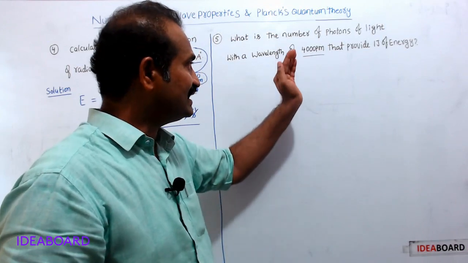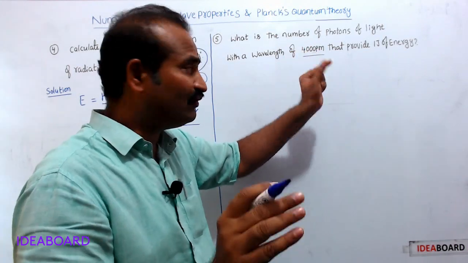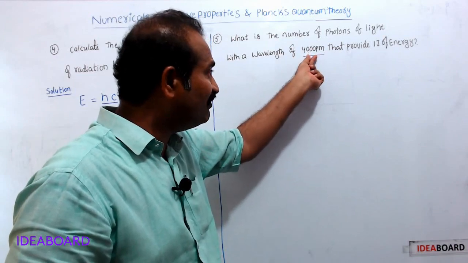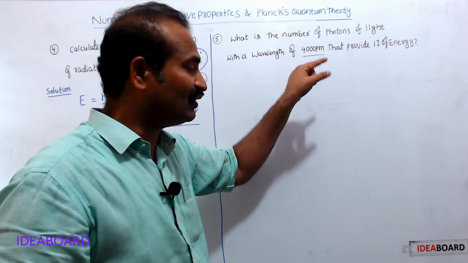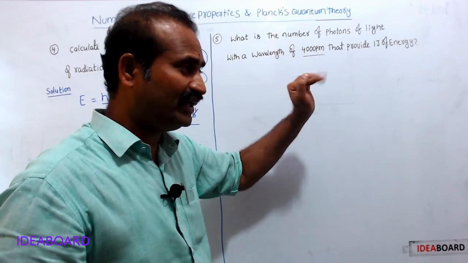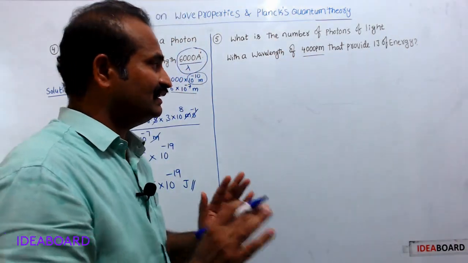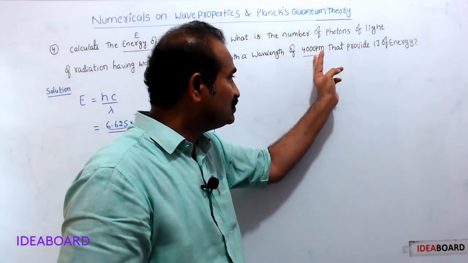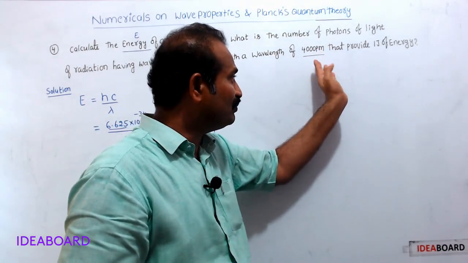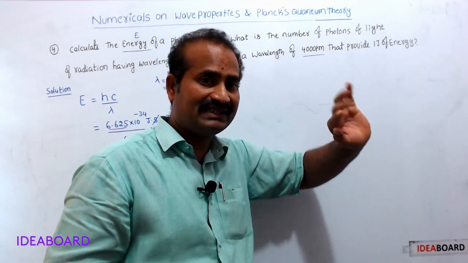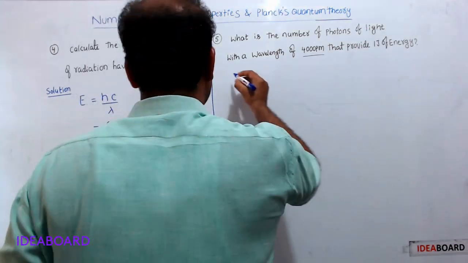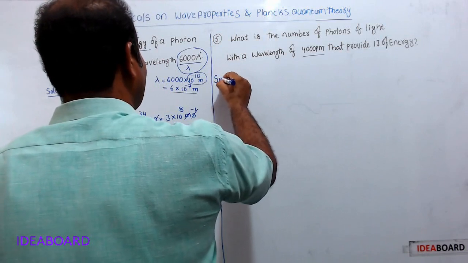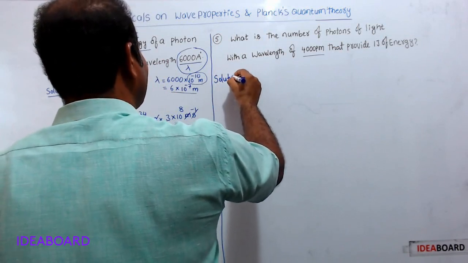A certain number of photons with this wavelength provides 1 joule of energy. That number of photons we need to find out. Solution.